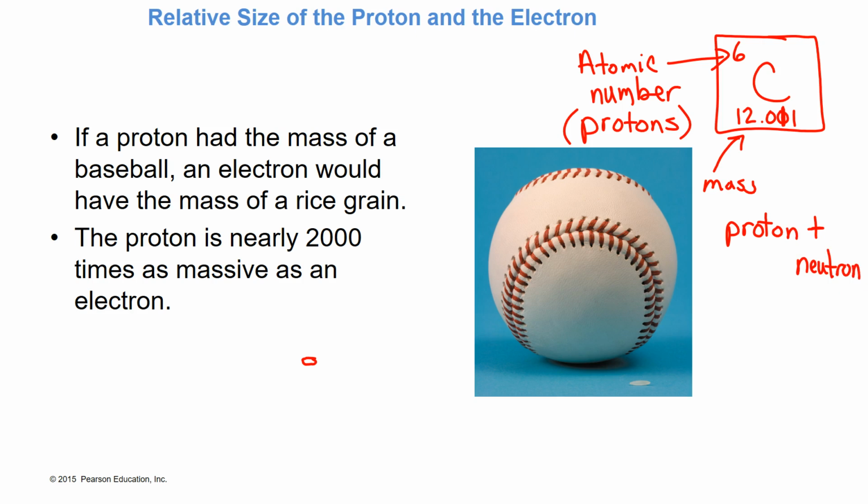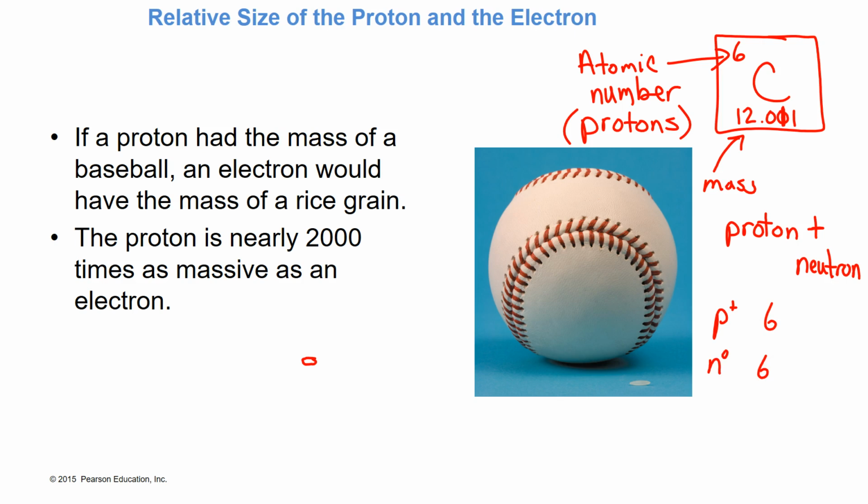So that's a total number of the protons and the neutrons. Now, the reason why we have decimals after those is because that's an average of all the different versions of that element. So when I'm looking at carbon, based on a mass of 12, I can say that this carbon has 6 protons and it has 6 neutrons.